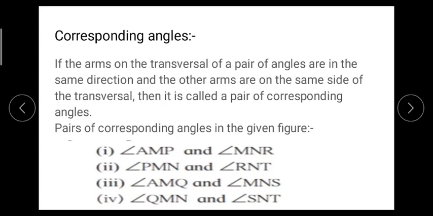This is on page number 8, students. I repeat, see on the slide, corresponding angles. This explanation is there in your textbook on page number 7, and pairs of corresponding angles in the given figure is there on page number 8. So this particular part you have to write down.